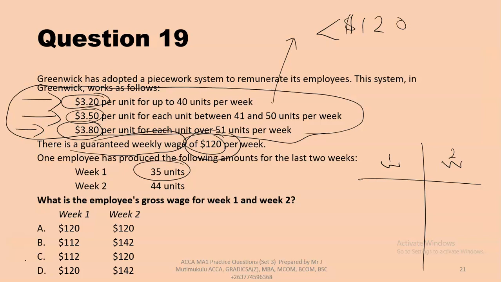It means the applicable rate is rate number 1, the $3.20. So we multiply 35 by 3.20, and we get 112.